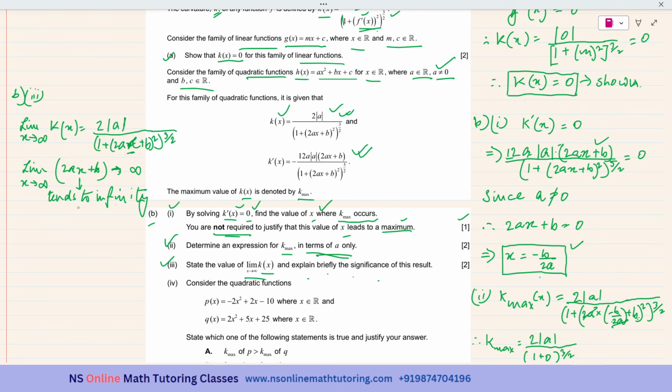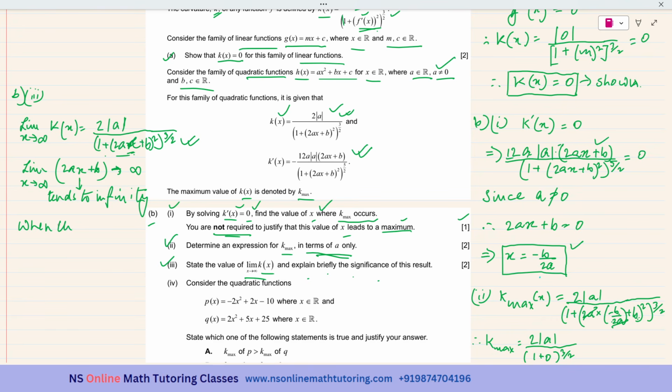And as the denominator of a fraction becomes larger, the fraction value becomes smaller. So this is infinity, 1 plus infinity, it is a really large number in the denominator. So the fraction value will be almost equal to 0, okay?